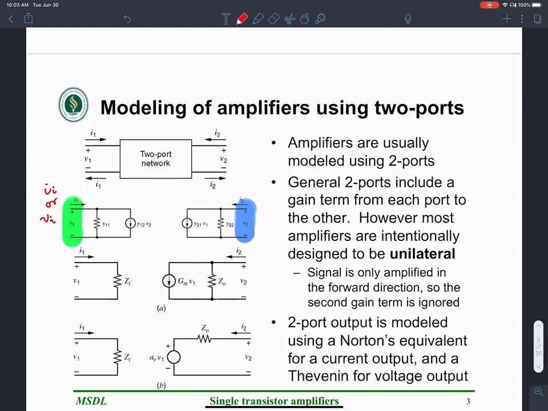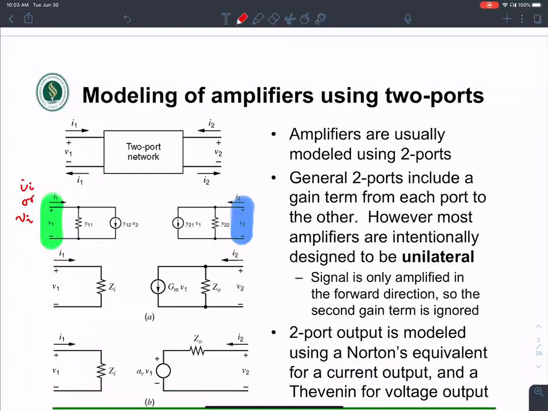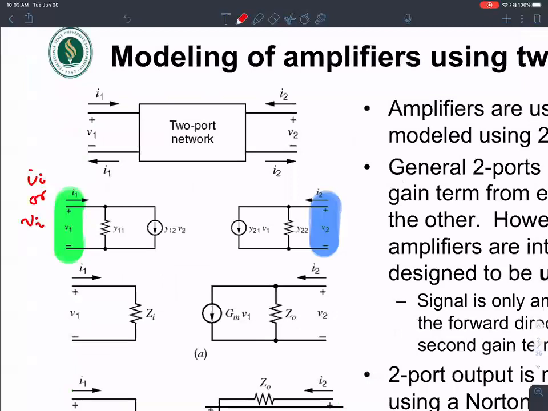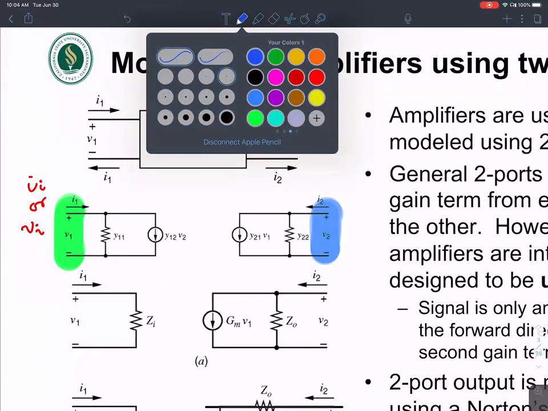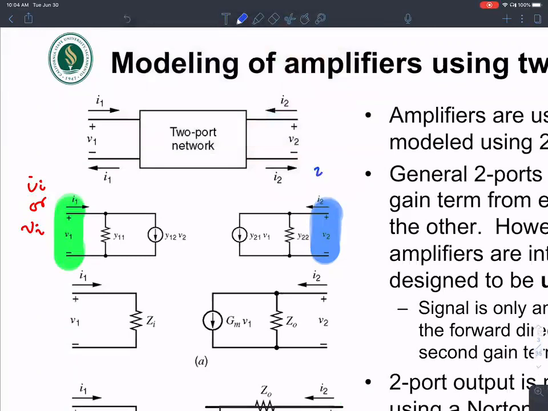The subscript I shows that it is input. The output can be current or voltage. The subscript O represents that it is output, while the subscript I means it is input.